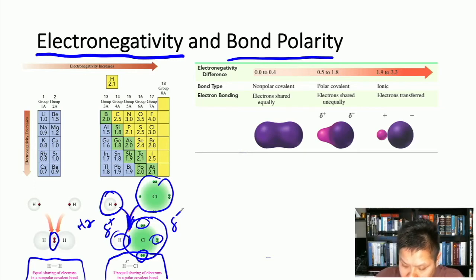And then, so how does electronegativity play into it? Well, electronegativity is an atom's affinity for electrons. It likes to draw electrons, or it likes to have a lot of electrons, right? So as you move across the periodic table to the right and up the periodic table, the electronegativity, or the atom's affinity for electrons, increases, right?